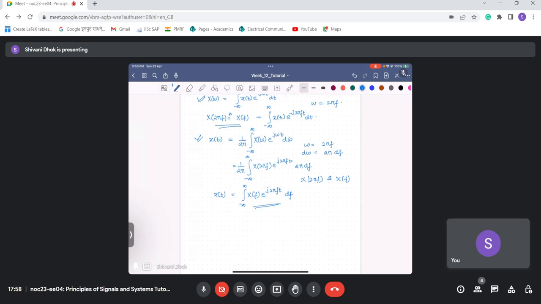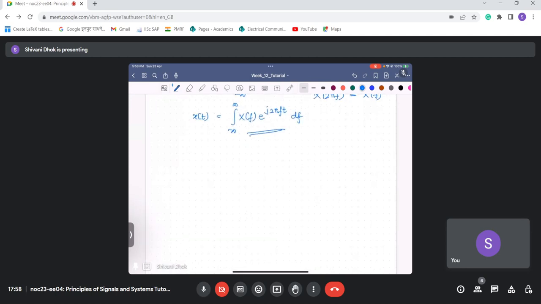So let us consider a duality, x of t with capital X of omega, and capital X of t. In the frequency domain, the same duality is expressed.